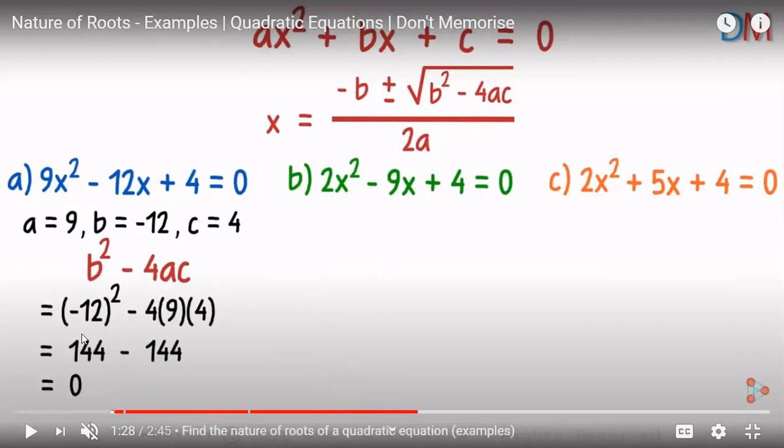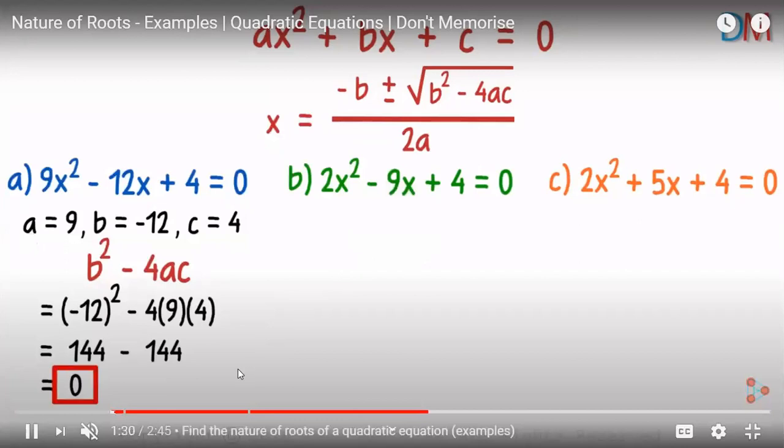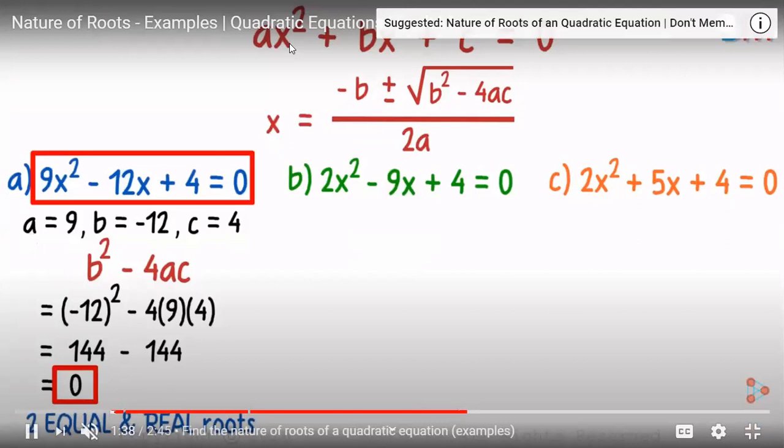If b square minus 4ac equals to 0, the nature of root is two equal roots. Two equal real roots.